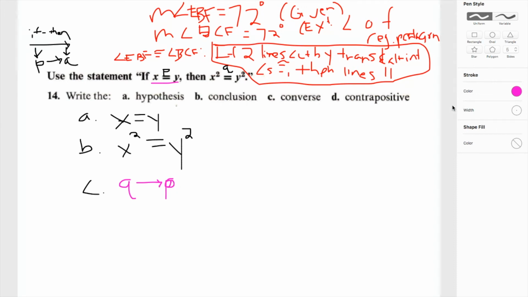That is called the converse statement. Every statement has a converse statement. For example, if two lines are cut by a transversal and alternate interior angles are congruent, then the lines are parallel. The converse would move the conclusion to the hypothesis and vice versa. So let's move Q to the front: if x squared equals y squared, then x equals y.